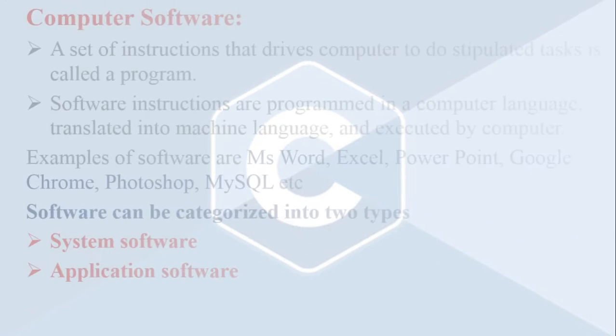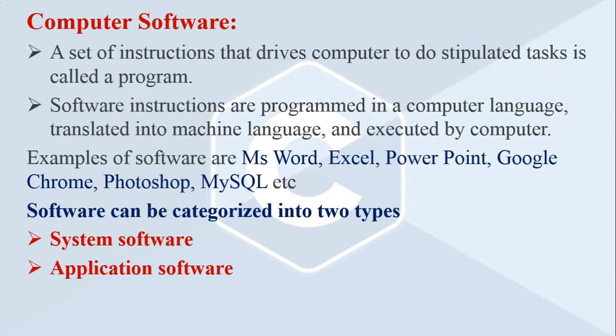Next is computer software, a set of instructions that drives the computer to do a stipulated task. A specific task is called a program. A set of instructions that drives the computer to perform a specific task is named a program.